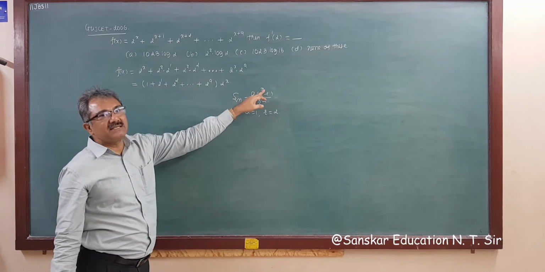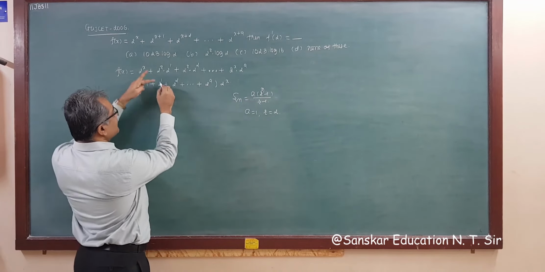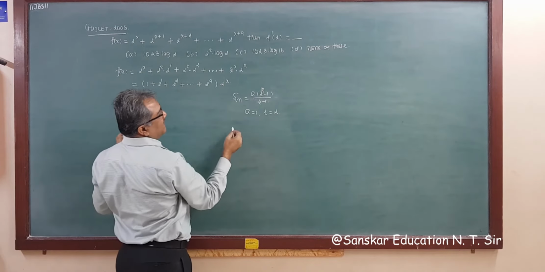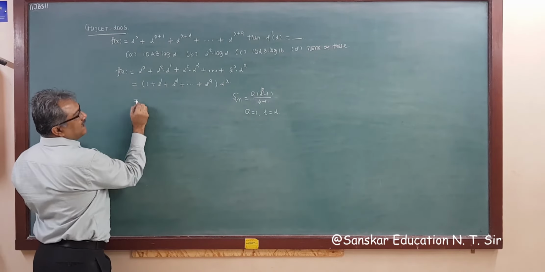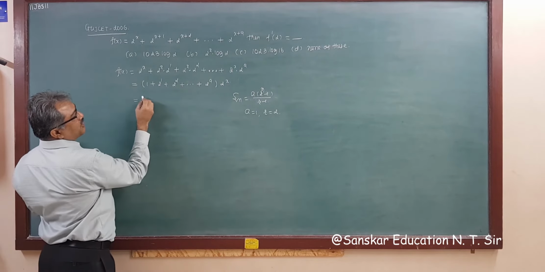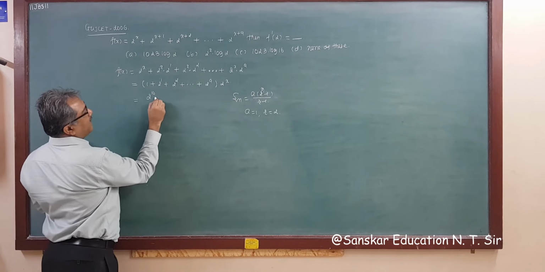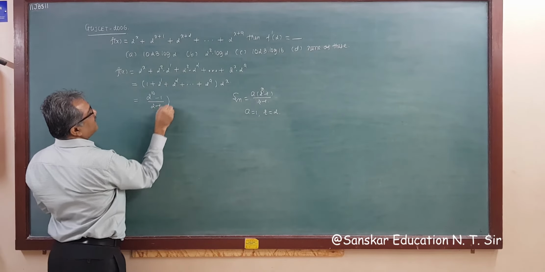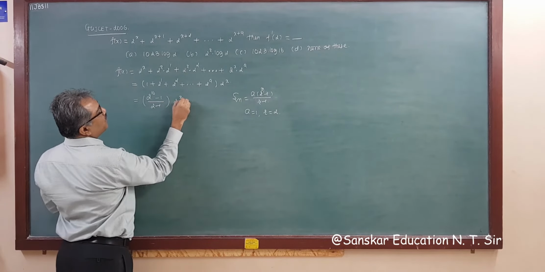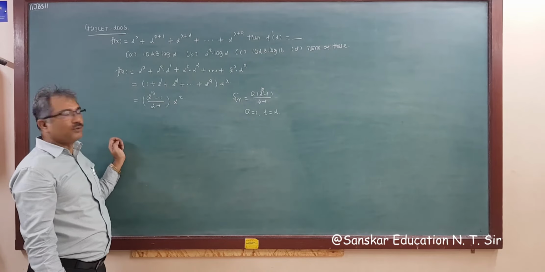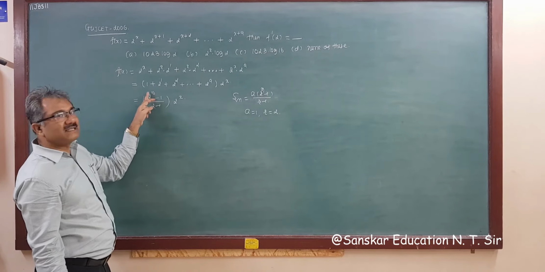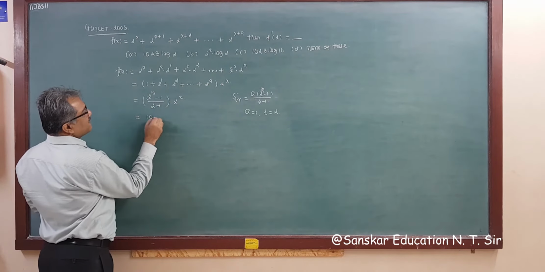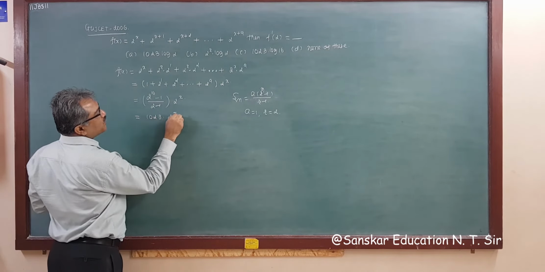And n is 10, because this is 1 to 9 and this is 1, so total terms are 10. So your Sn is a is 1, r raised to n, that is 2 raised to 10 minus 1 upon r minus 1, that is 2 minus 1, into 2 raised to x. So 2 raised to 10 is 1024 minus 1 is 1023.